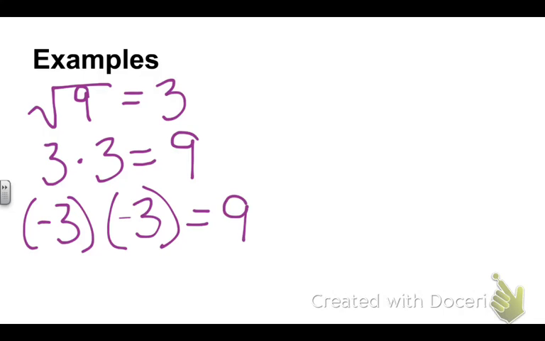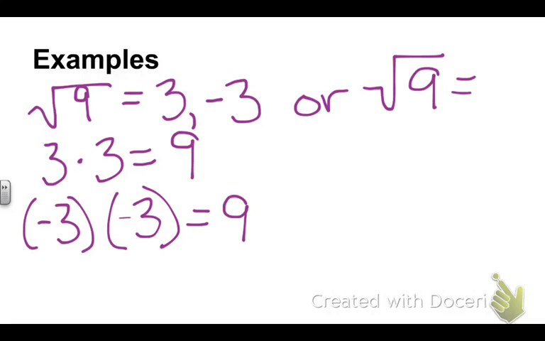It's going to give you 9. So the square root of 9 is not only 3, but it's also negative 3. The way that you could write this, the square root of 9 is equal to positive or negative 3. You're going to start to see that sign a lot. That means that the answer can be both.